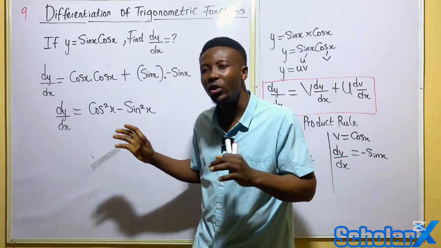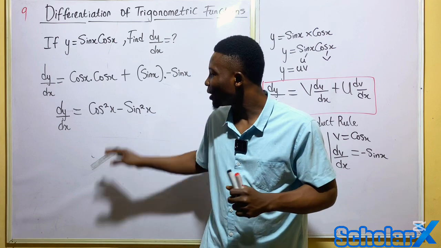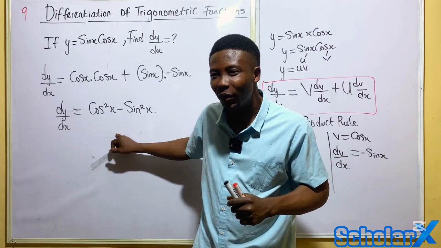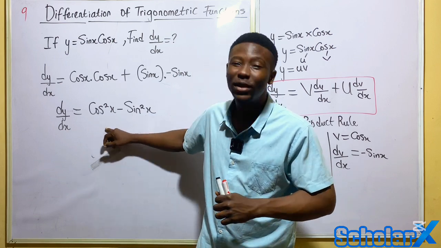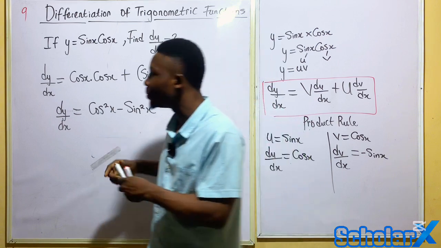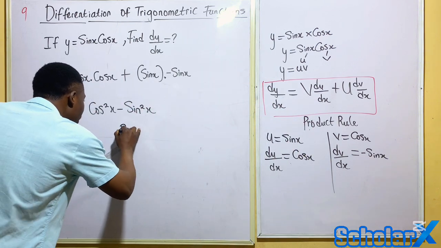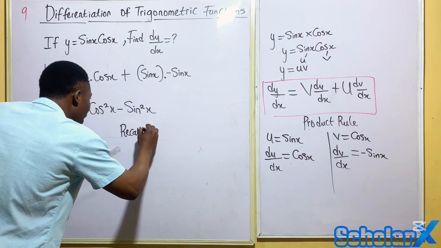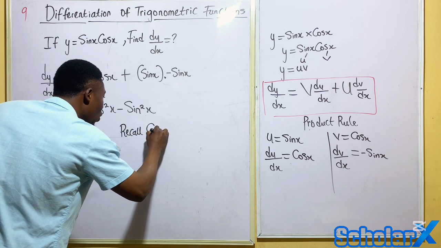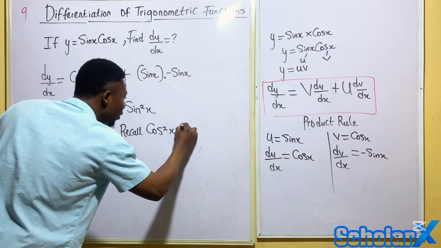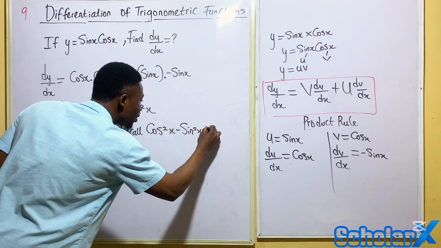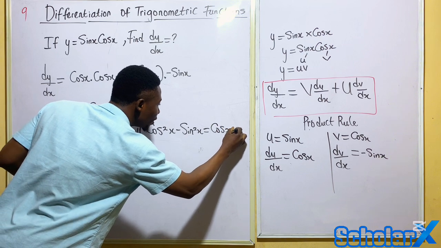Now, what do we do next? We have to recall that this is a trigonometric function, and this is also a trigonometric identity. So recall that from trigonometric identity, cos squared x minus sine squared x is equal to cos 2x.